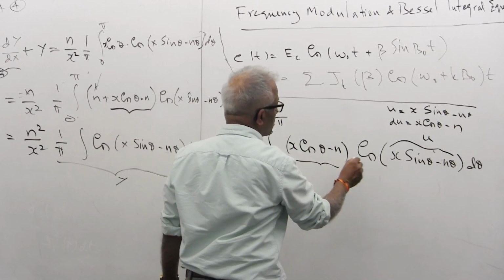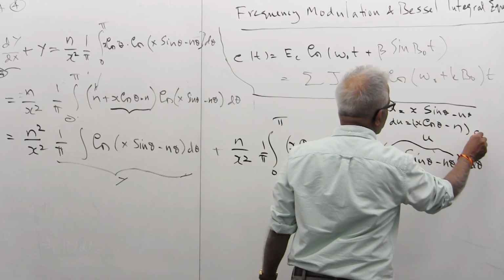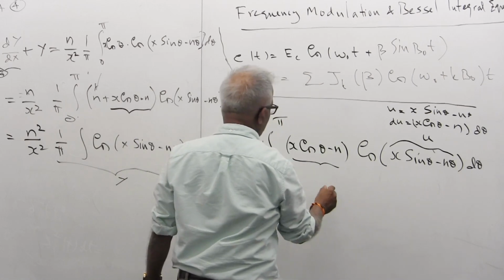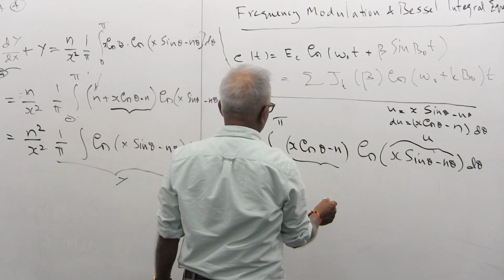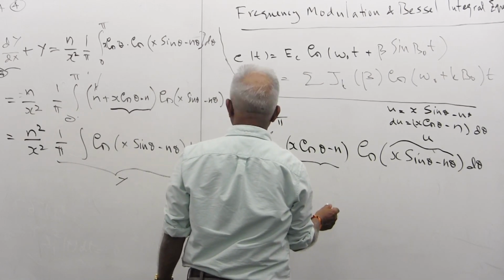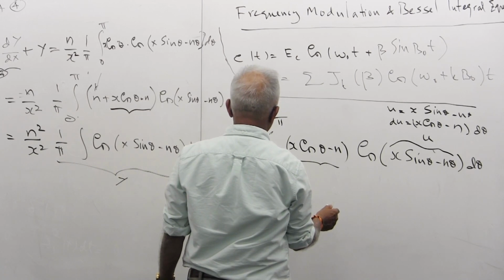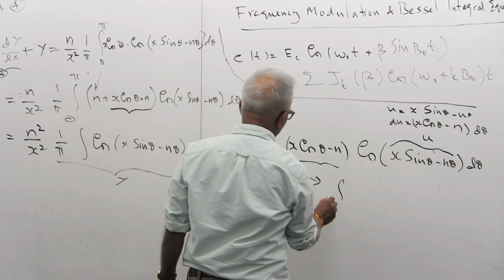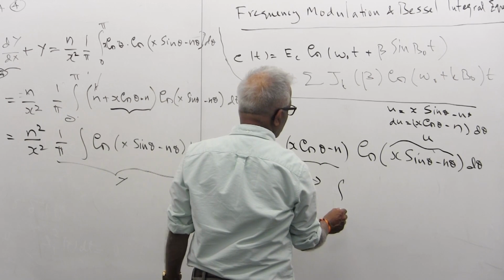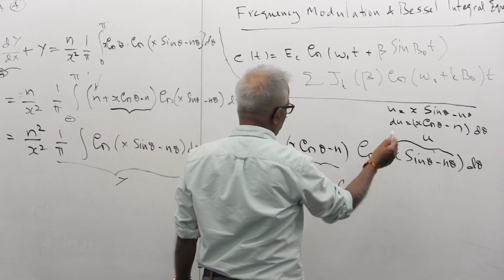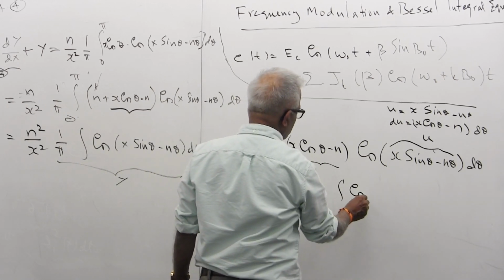So x cos theta minus n multiplied by d theta is du. So this integral will go to, again the limits are the same, simply cos u du.